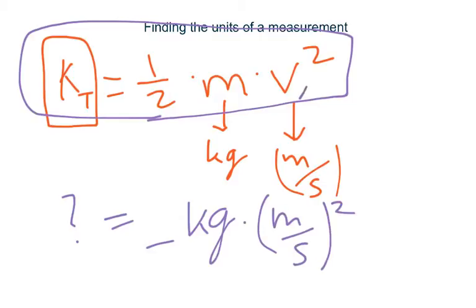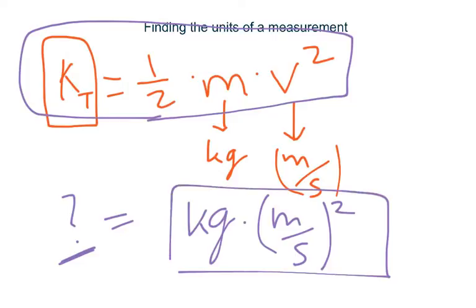Notice how we converted all the missing variables into their respective units. So this mysterious unit is equal to this: kilogram times meters per second squared.